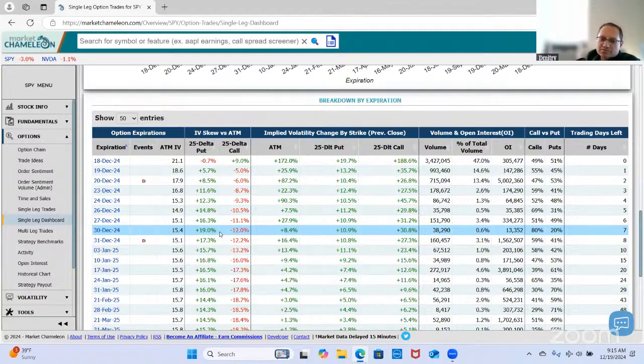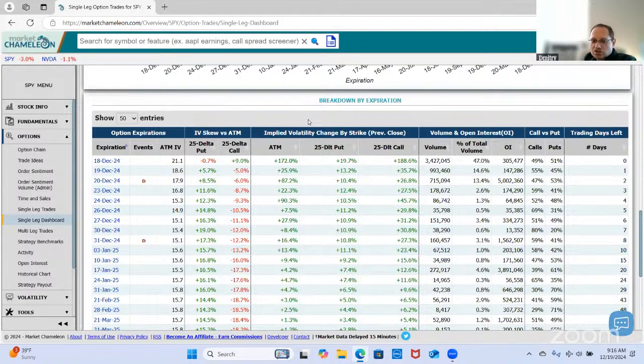How do we measure that? Well, we need to find the strikes that we're referencing. This is a certain strike, this is going to be a certain strike, and this is going to be a certain strike.